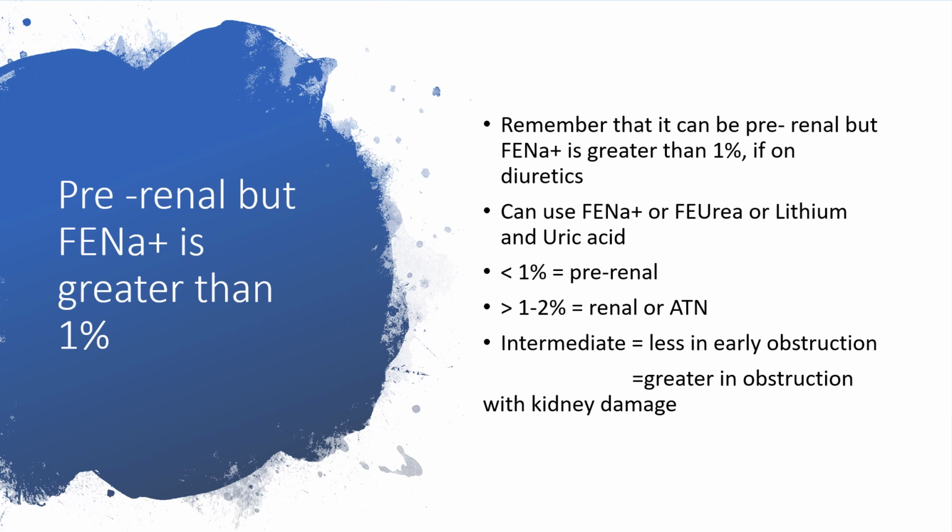If it's greater than 1 to 2%, we assume that to be renal or acute tubular necrosis. Sometimes it could be intermediate. And in that wise, if it is low, that is pointing to early obstruction. So it's going to be low in early obstruction in post-renal. It's going to be greater in obstruction with kidney damage.